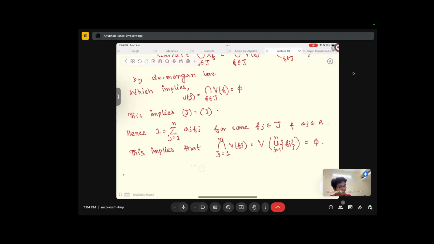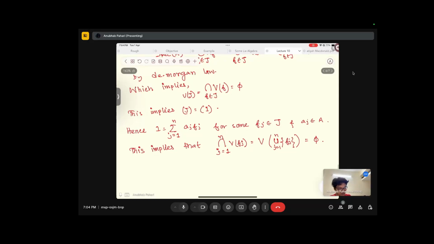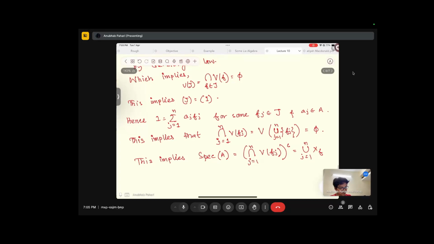okay, I want to refer to the references. Okay, this implies Spec of A should be the intersection, j of 1 to n, V of fj complement, and it should be the union j equals 1 to n of Xfj, which is a finite subcover.